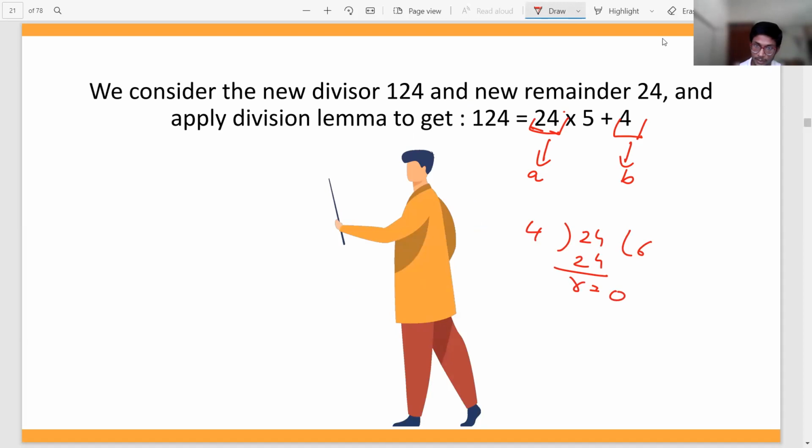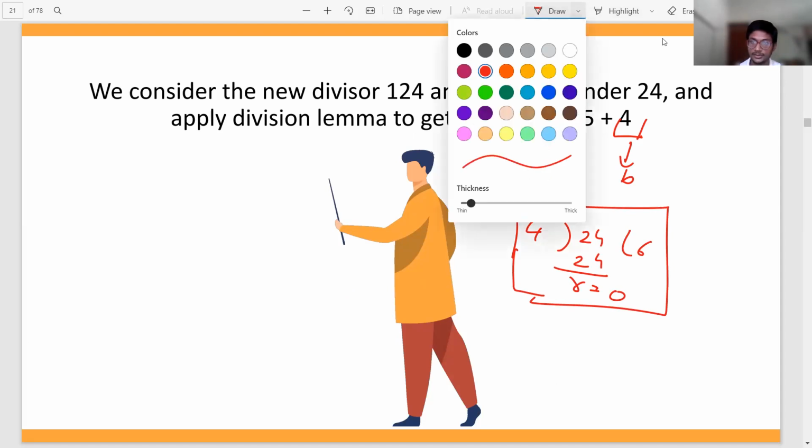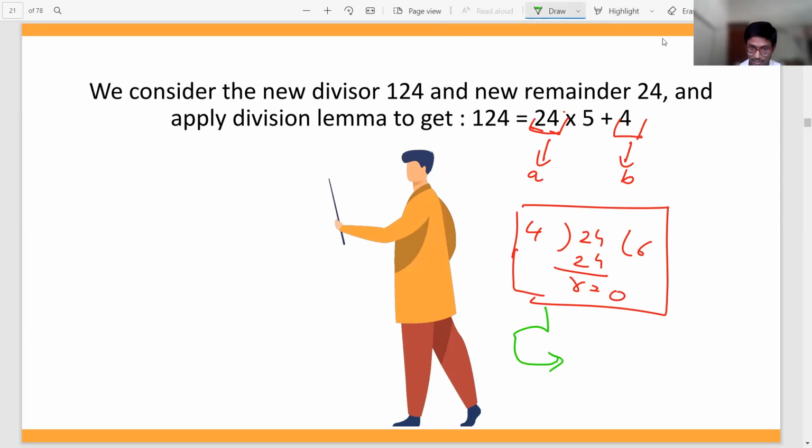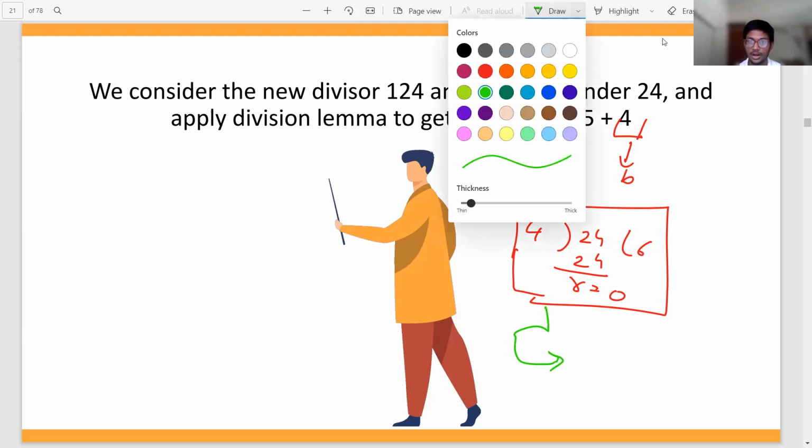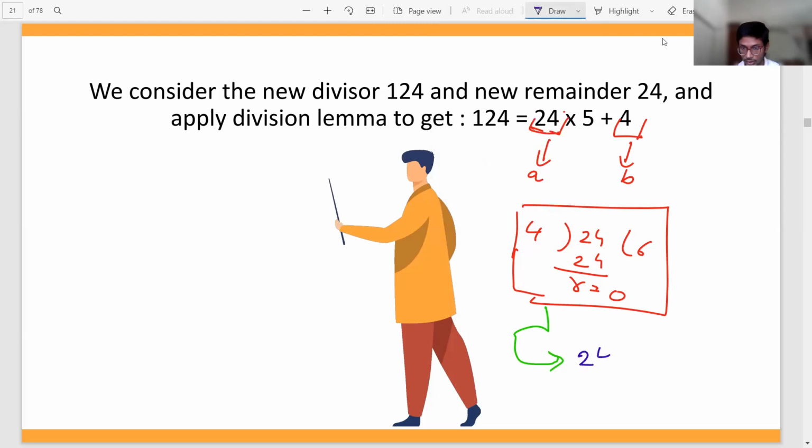Okay, so we'll stop. After the next step, we can write 24 equals 4 into 6 plus 0.